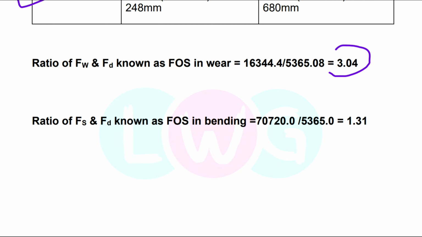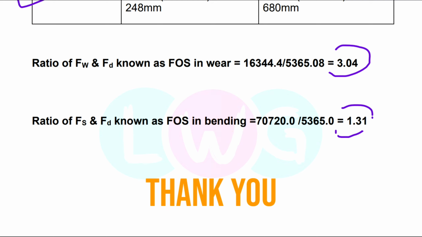Then the ratio of Fs and Fd is known as FOS in bending, factor of safety in bending, and it comes to 1.13. Sometimes the question asks to calculate the factor of safety in wear and in bending, so you have to know them. The ratio of Fw and Fd is FOS in wear, and the ratio of Fs and Fd is FOS in bending.